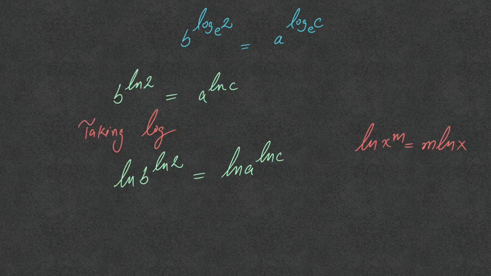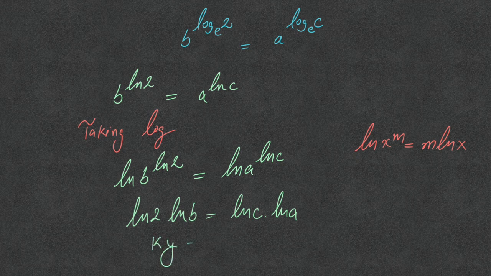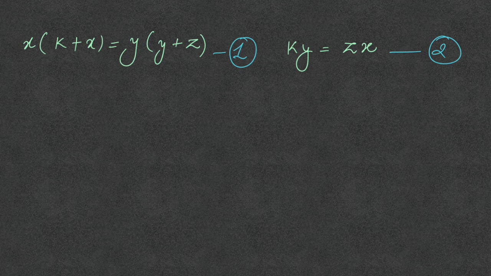Now using the property log x to the power m is equal to m log x, we get log 2 into log b is equal to log c into log a, which ultimately becomes k into y is equal to z into x. Let it be equation number 2. Now from the second equation I can write k as zx upon y.